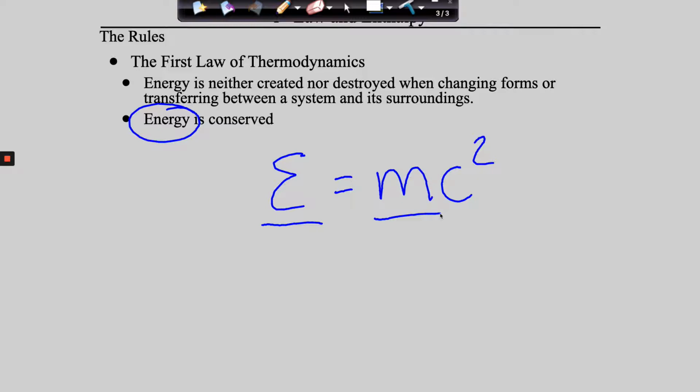Guys, when we blew up that bomb over Hiroshima, leveled the entire city, we're not exactly sure of the mass, but somewhere between 2 and 10 grams of plutonium or uranium, depending on if it was Hiroshima or Nagasaki, somewhere between 2 and 10 grams of whatever that material was got converted to energy.